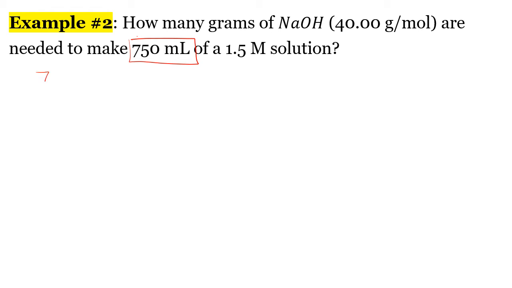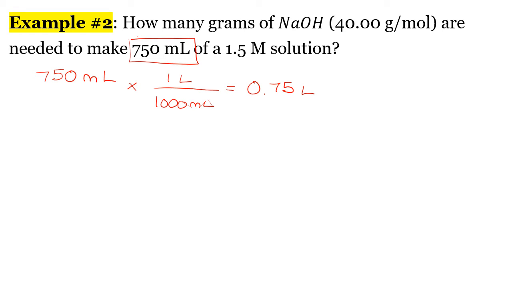So that's going to be our first step. So 750 milliliters. And if you recall, there are 1,000 milliliters in 1 liter. So this will be 750 divided by 1,000, which is 0.75 liters.